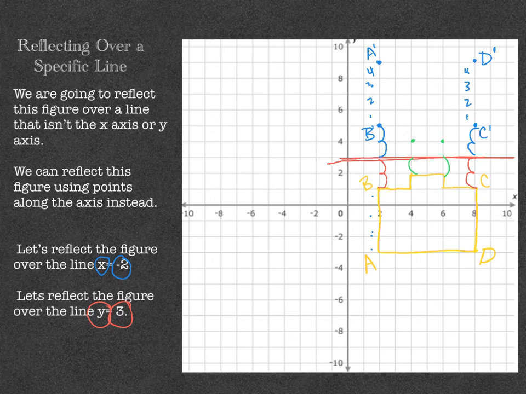So that belongs right there. So now, when we connect all of our reflected points, unfortunately I can't talk and draw lines at the same time. So there we are, reflected over our line of y equals 3.